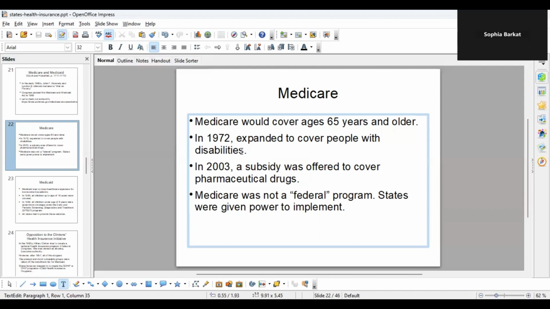And in this medical system, the doctors tend to prescribe people with illnesses a lot of medicine. And so pharmaceutical drugs are a major expense. And so in 2003, the subsidy that was offered helped people who are dependent on these kinds of medicine, essentially.